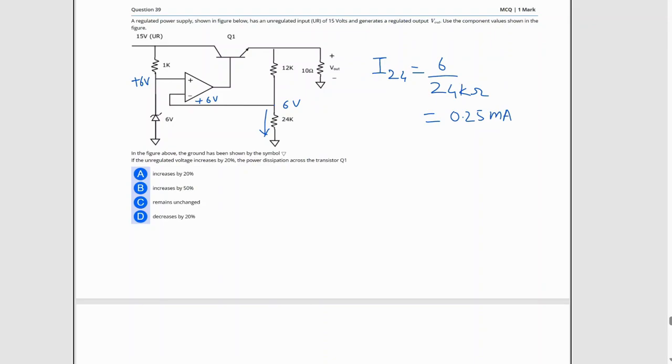Since the operational amplifier has high input impedance, this current is 0. So the current which flows through the 12K will also be the current flowing through the 24 kilo ohm. So the current, let me call that I12, will also be equal to I24, which is equal to 0.25 milliamp.